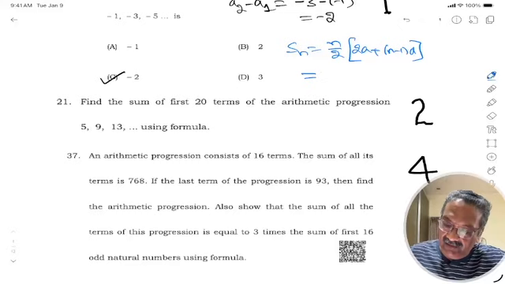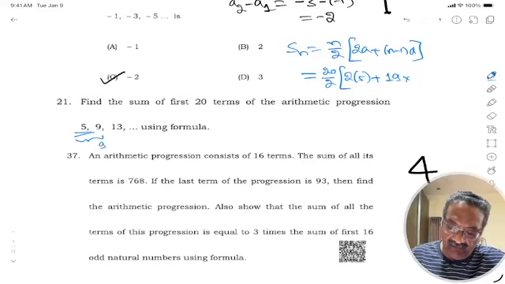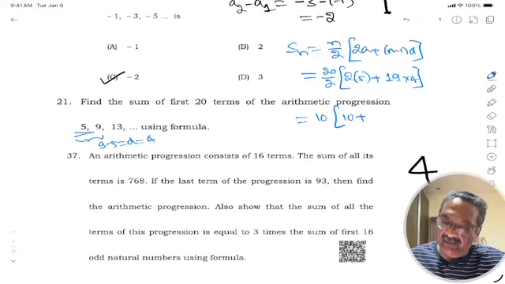So 20 terms means n is 20, by 2 into a is 5, 2 into 5 plus n is 20 minus 1 is 19 into common difference, 9 minus 5 is equal to d, which is equal to 4. 10 into 10 plus 19 into 4. 19 4s are 76. So 86. So the answer is 860.